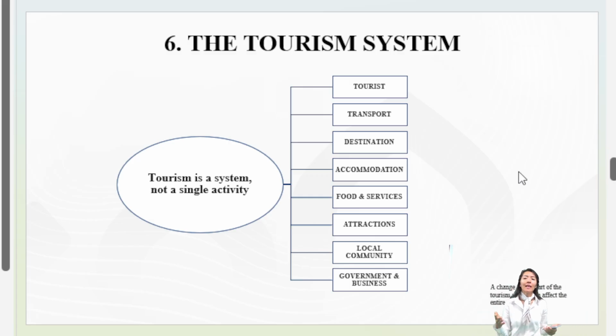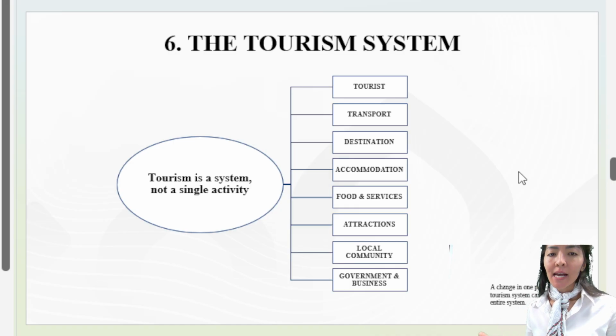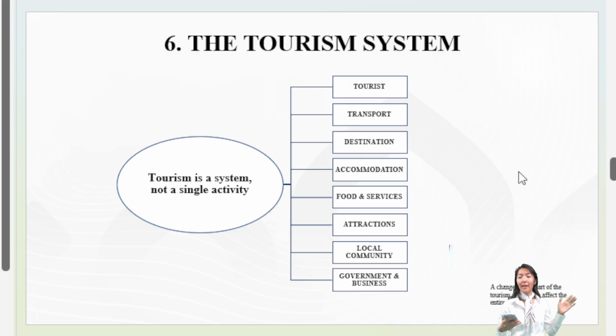All of them, not one thing. That's why we should firstly understand the system of tourism correctly.